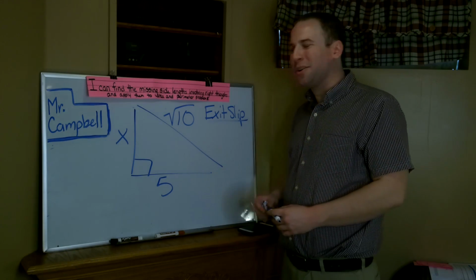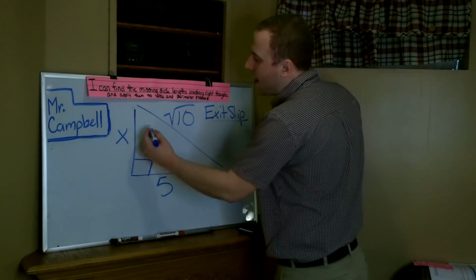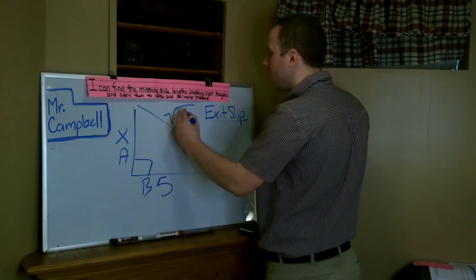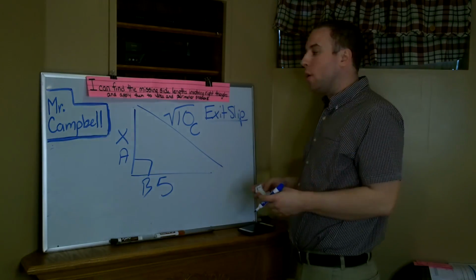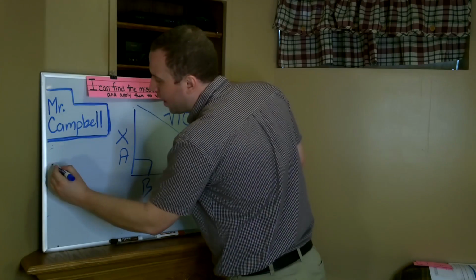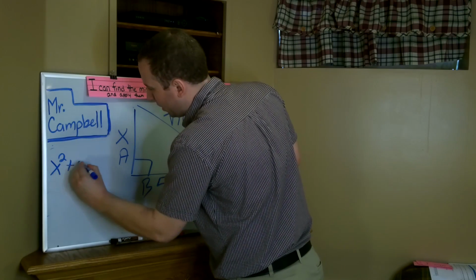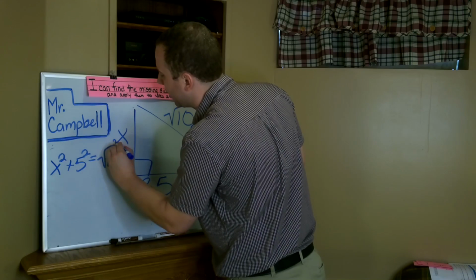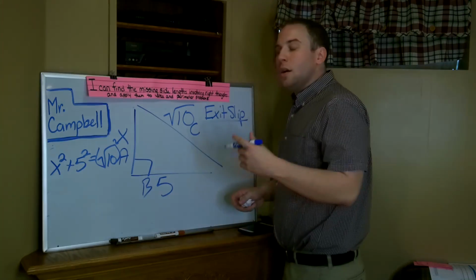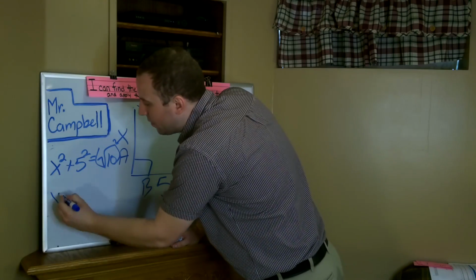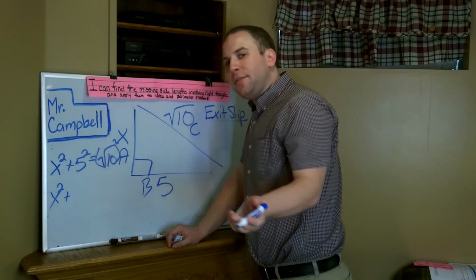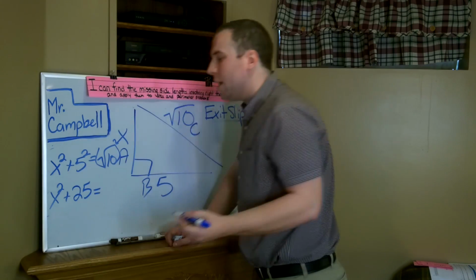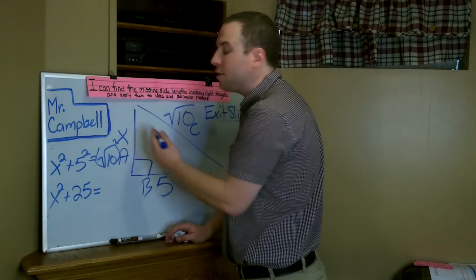All right, let's go ahead and solve it, shall we? Again, our two legs, we're going to make them a and b. And c is going to be the square root of 10. So, x squared plus 5 squared equals the square root of 10 squared. x squared we're going to leave alone for now. 5 squared is just 5 times 5, which is 25, equals the square root of 10 squared.